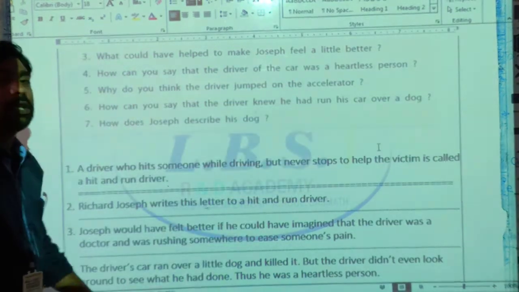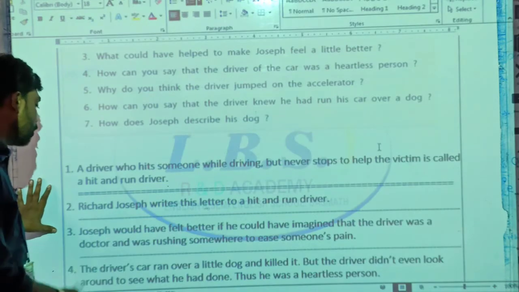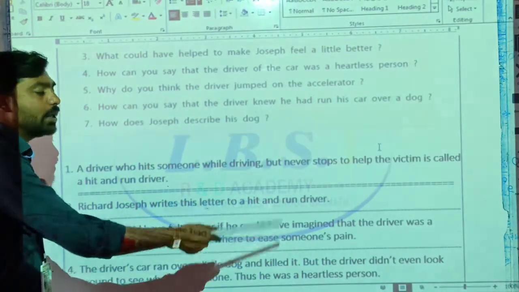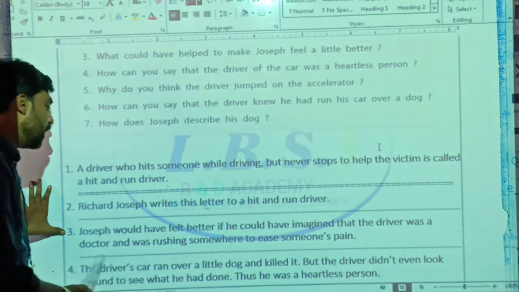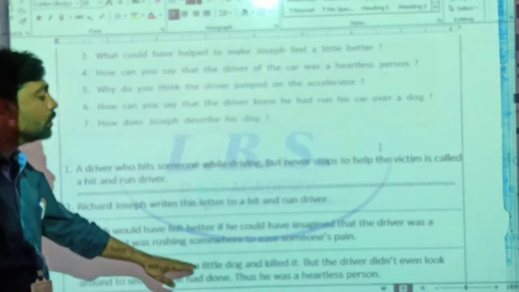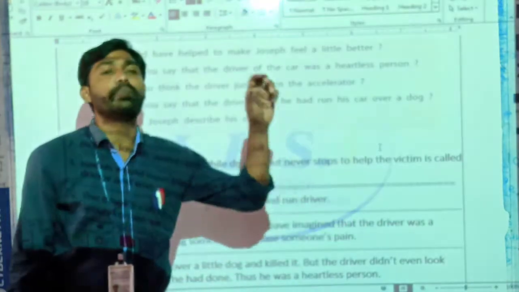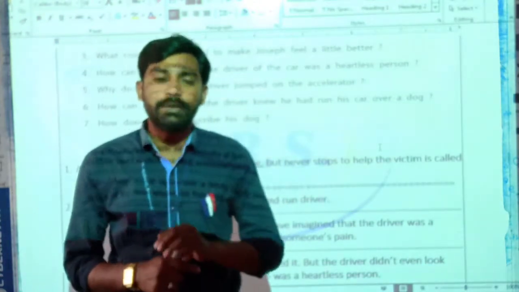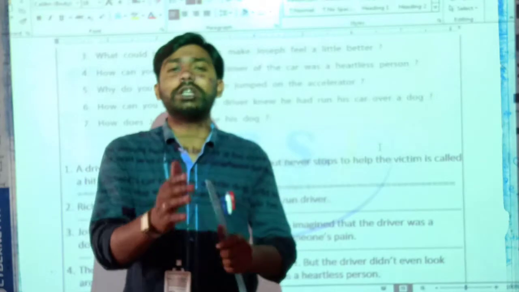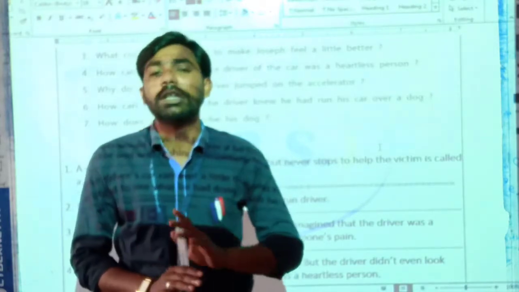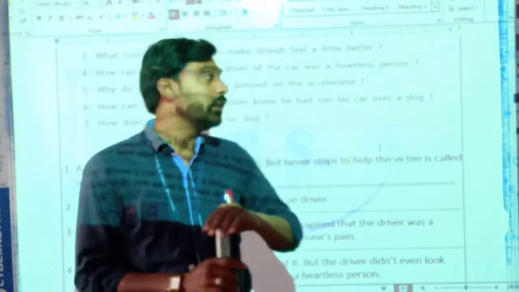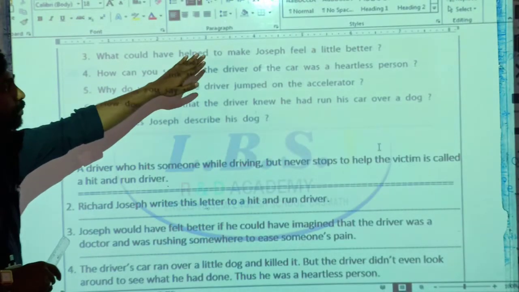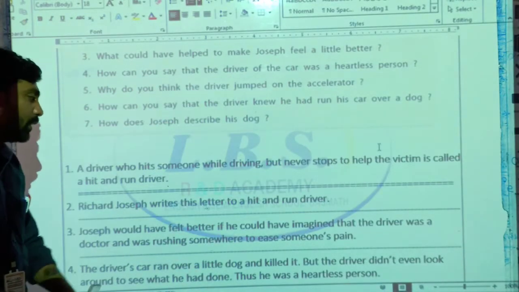In his letter he has written that Joseph would have felt better if he could have imagined that the driver was a doctor and was rushing somewhere to ease someone's pain. If the hit and run driver was a doctor, going somewhere to treat his patient, then it would help to decrease his sorrow, or it would help to make Joseph feel a little better.